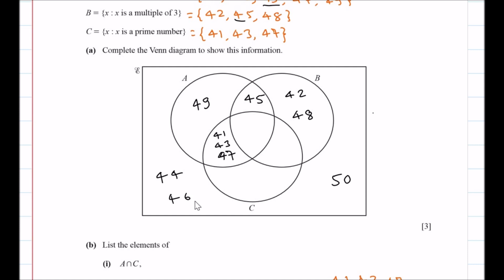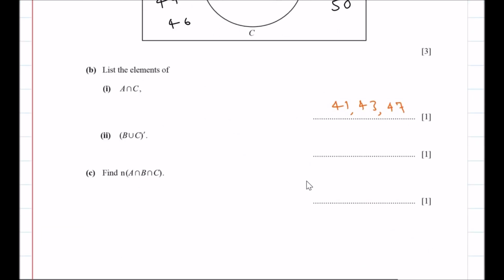So what are left outside? 44, 46, 49, 50. Here, 49, these two, and this, right? So these will be written there: 44, 46, 49, and 50.